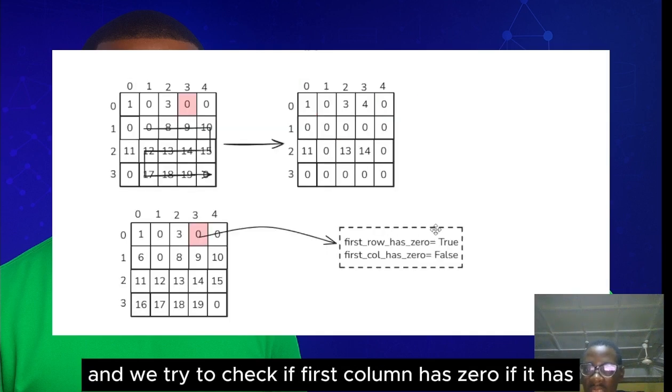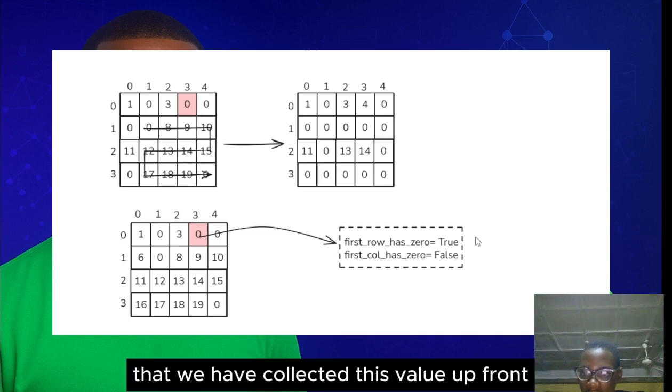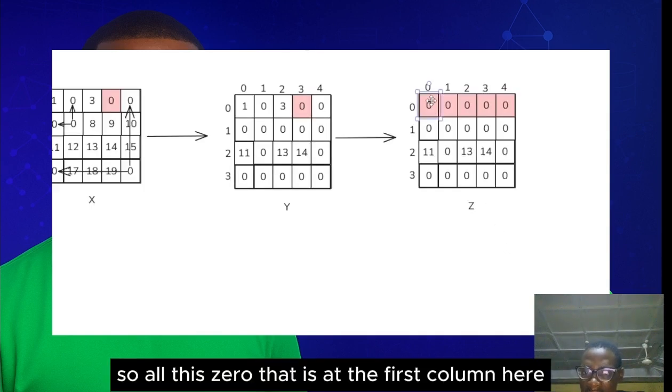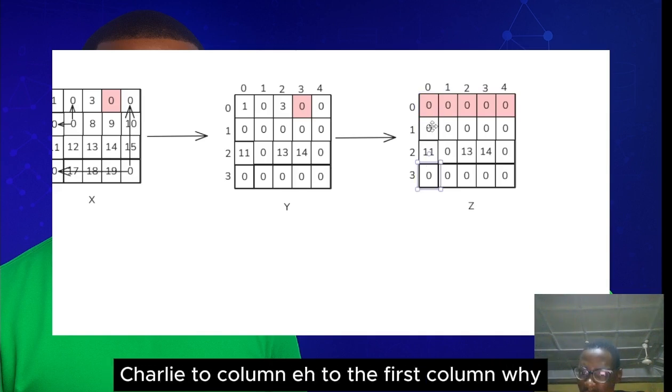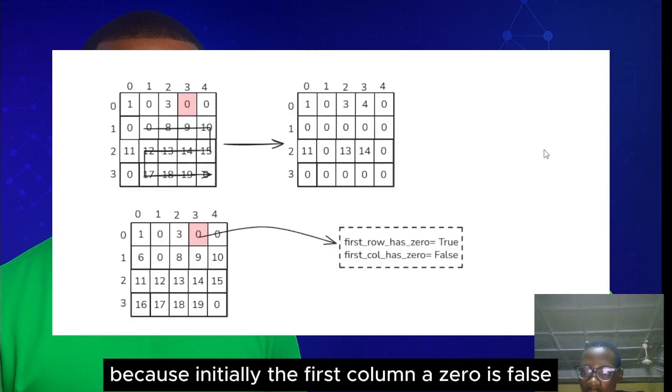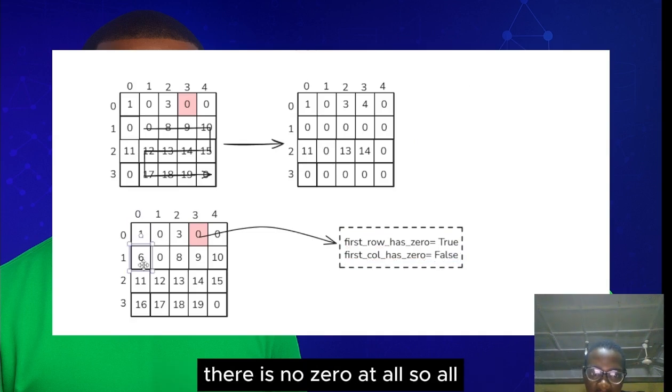And we check if first column has 0. If it has, we set everything here to 0. So that way, don't forget that we have collected this value up front. All this 0 that is at the first column here actually does not belong initially to the first column. Why? Because initially first column has 0 is false, meaning that at first, look at it here, there is no 0 at all.